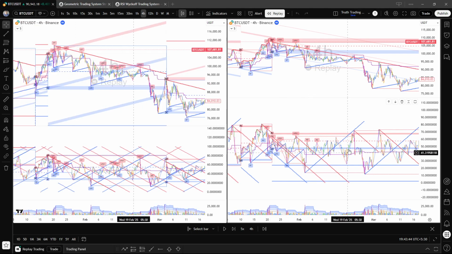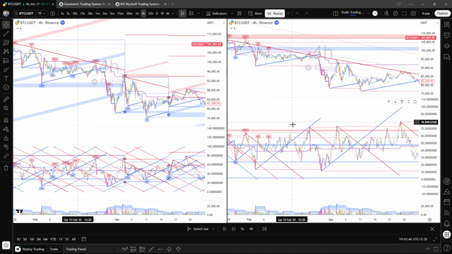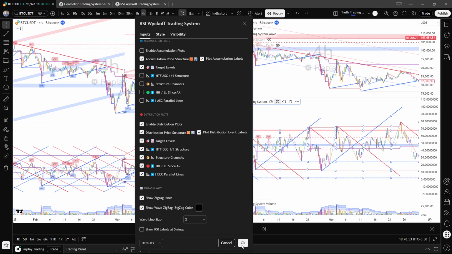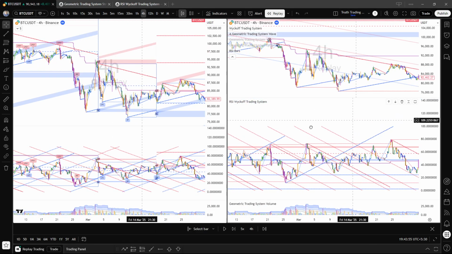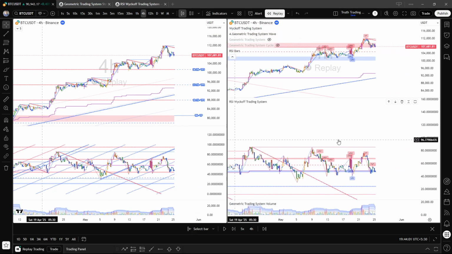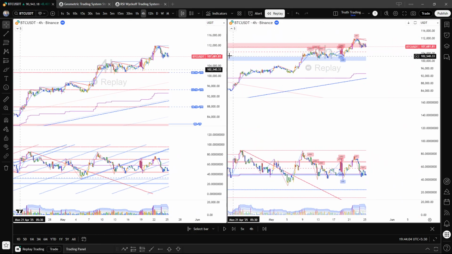And you can also apply the parallel lines here too. Let me just go ahead and add that. You see here, overcome that, and then boom, when it comes back, boom, right?